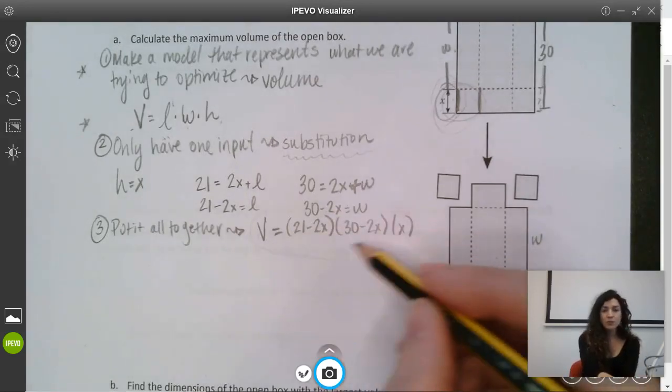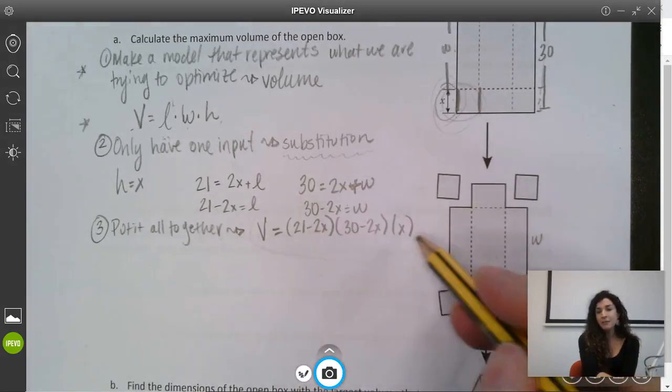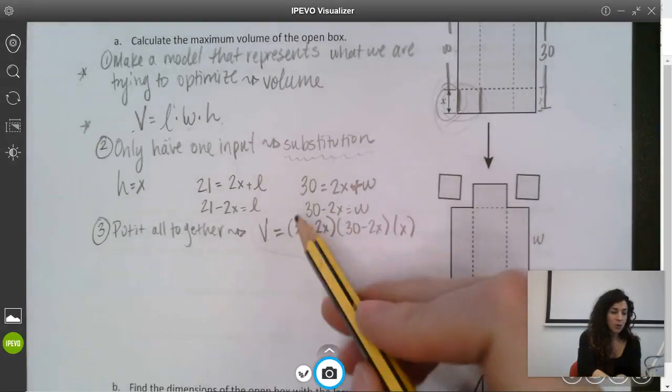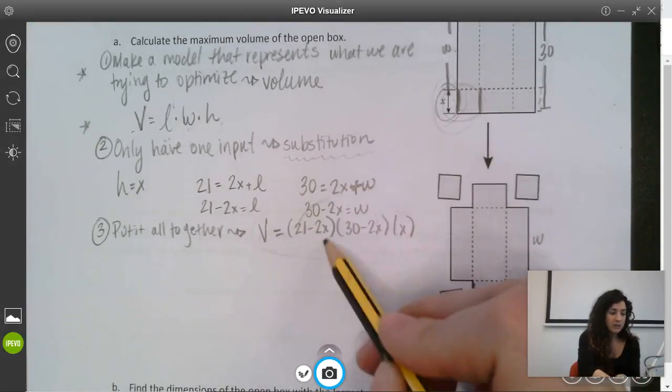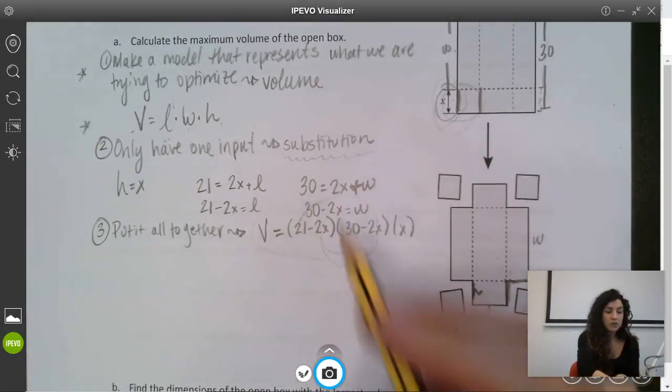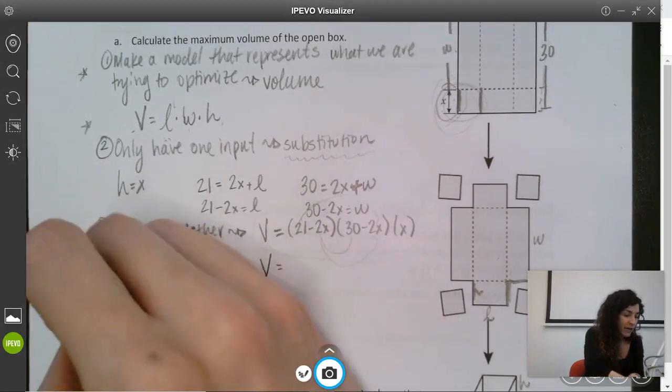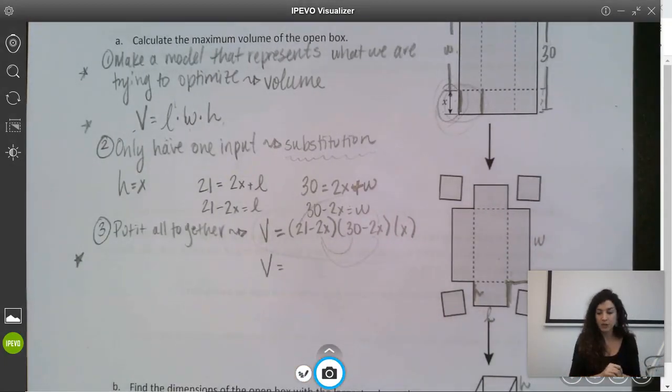In order to find the derivative of this function, it would be nice if it was all multiplied out as one big thing, right? So multiplying 21 times 30, 21 times 2, 2 times 30, 2 times 2, and then multiplying x in there later as well. We need to expand this expression. I would like for you to go ahead and expand this expression.